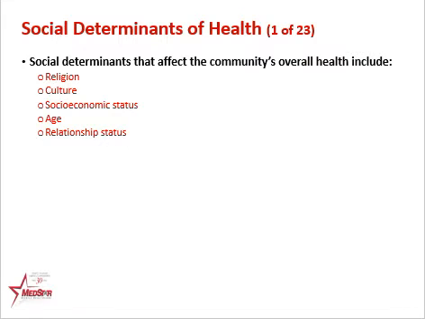Traditionally, on a broader level, when we talk about social determinants of health, there are very specific determinants that can affect the community's overall health. And what has been found is that those determinants are related to religion, related to culture, socioeconomic status, age, and relationship status.